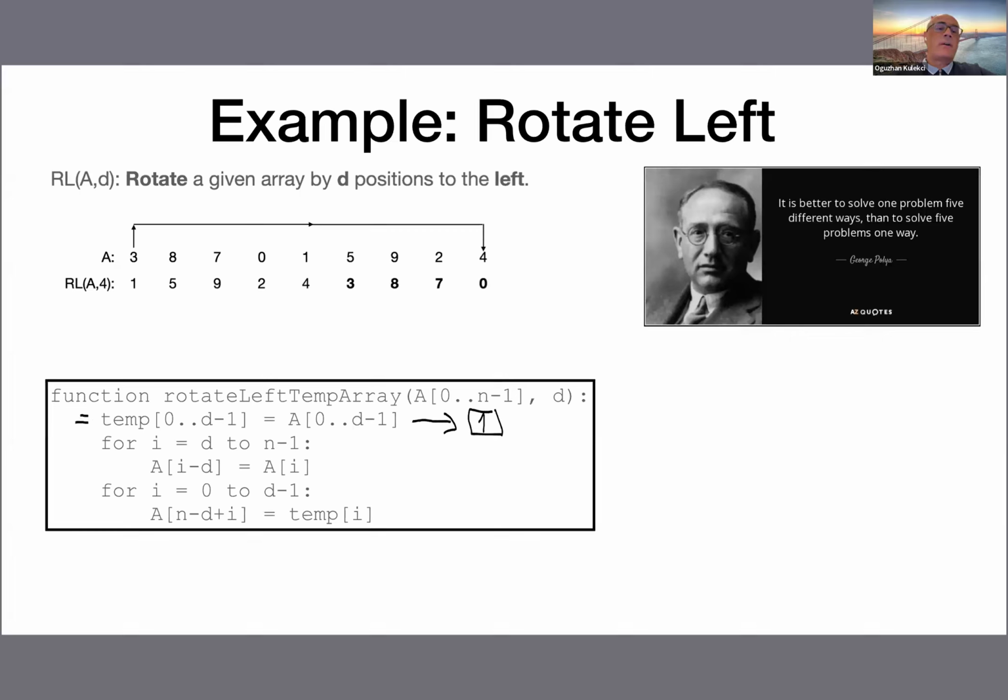However, here, it is not just a single operation because I will be copying the elements from A to this temporary array. That should count as D instructions. That is equal to something like for i equal to 0 to D minus 1, temp[i] equals A[i]. Okay, so that's a short version of this one.